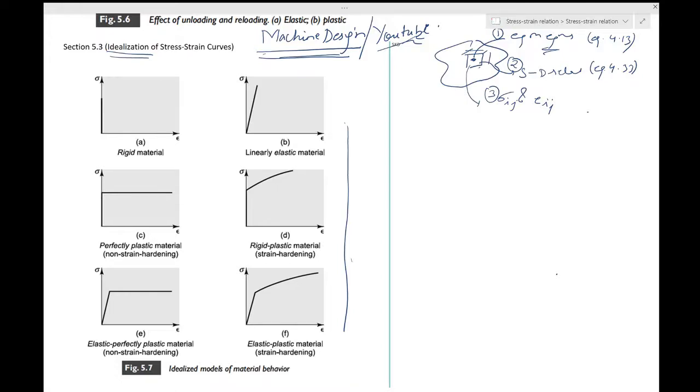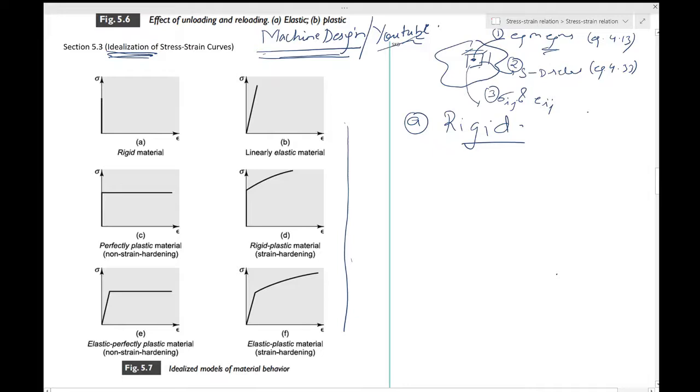So you have these 6 idealizations given. The first one is clearly a rigid material. You have known this material all along. This material does not deform. A rigid material ideally, that's why it's called an idealization.